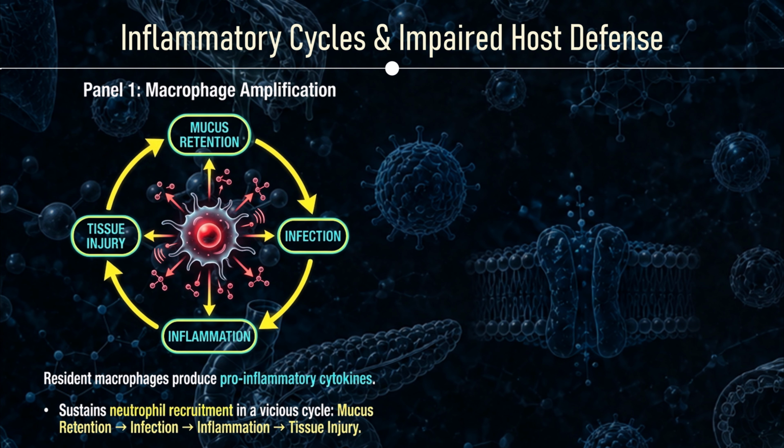Resident macrophages and other immune cells further amplify inflammation by producing numerous pro-inflammatory cytokines, sustaining recruitment of neutrophils, and perpetuating a vicious cycle of mucus retention, infection, inflammation, tissue injury, and progressive loss of pulmonary function.